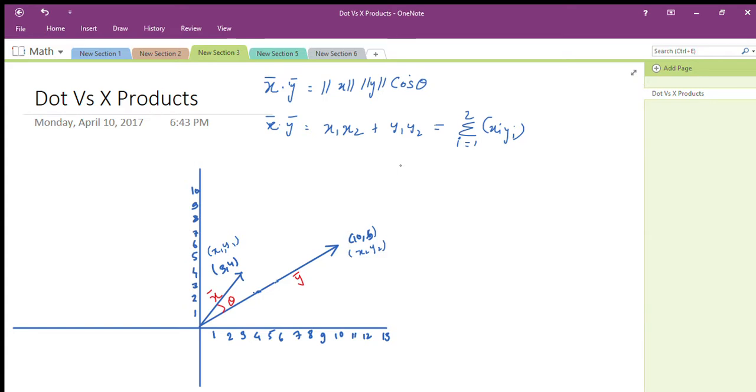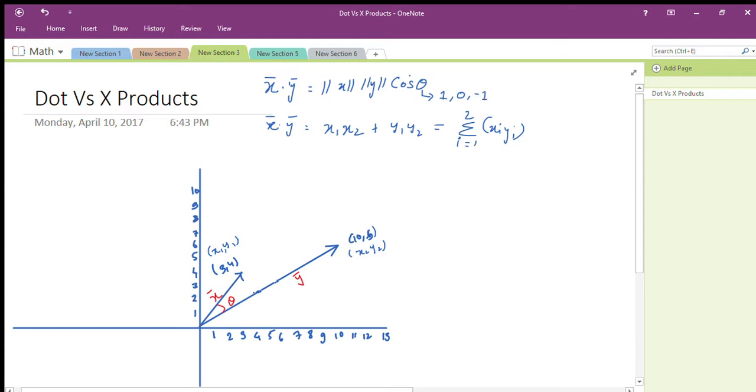And should we do the intuition? Yeah, let's see what it means. What does dot product really mean, right? So dot product is trying to tell you how parallel they are, or how much of each vector is going in the same direction as the other vector. If you look at cos theta, cos 0 is 1, cos 90 is 0, and cos 180 is minus 1, right?